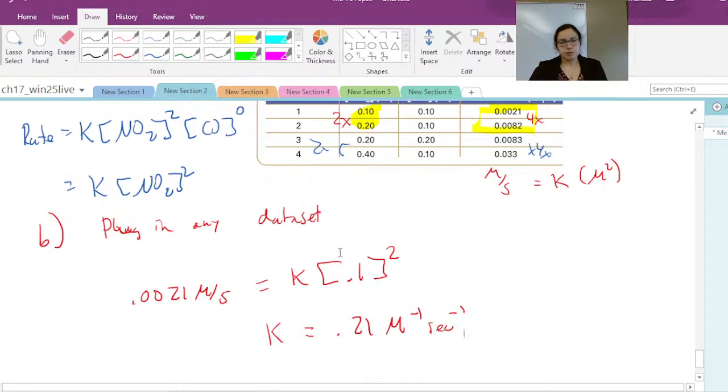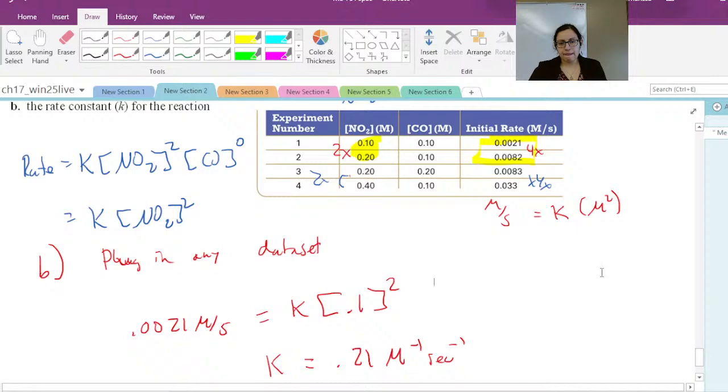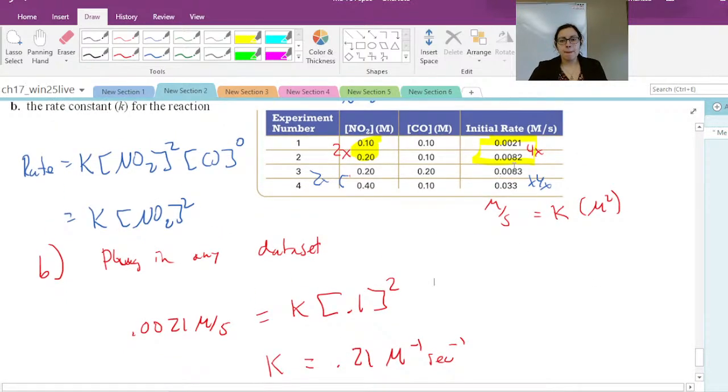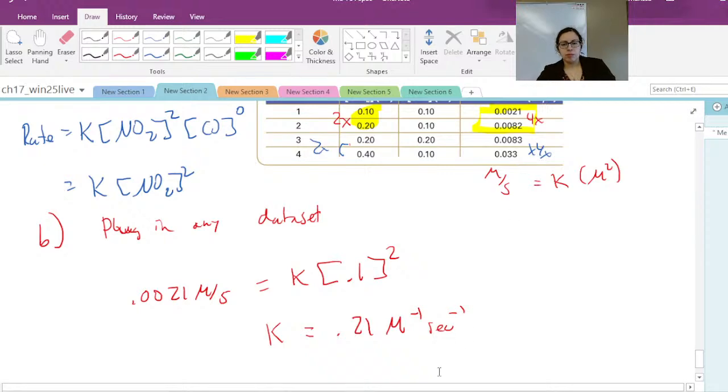So if that was the case, then wouldn't the last one be... Sorry, where? On experiment number 2, it goes to 0.082. And so the factor goes up by a factor of 4 when it's going to increase molarity.